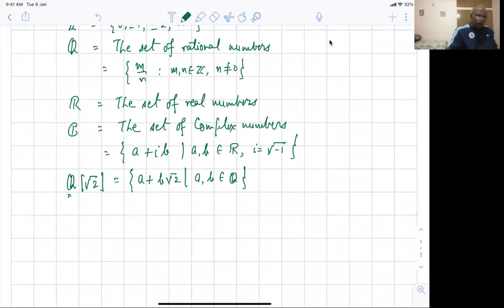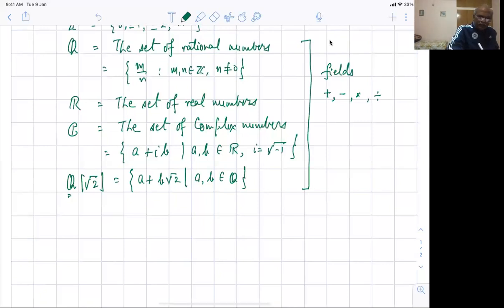And I'd like you to understand that these 4 sets that I'm talking about, these are called fields in mathematics. So what is a field? It is a playground where we can do mathematical work. All right. So fields means I can add, I can subtract, I can multiply, and I can divide by non-zero quantity, non-zero numbers.